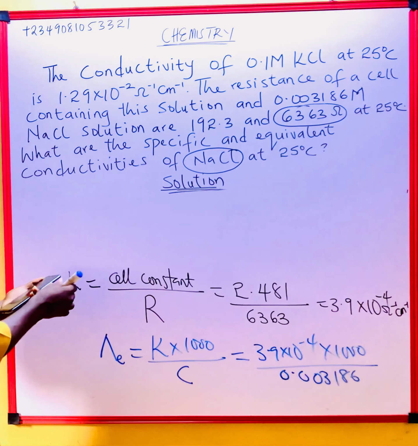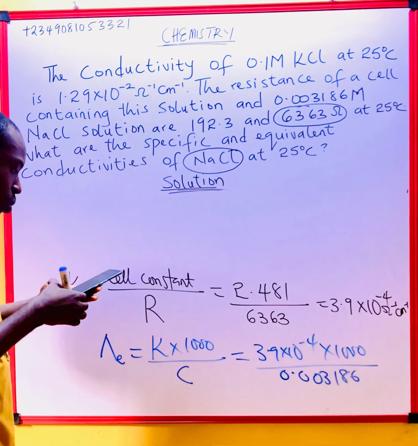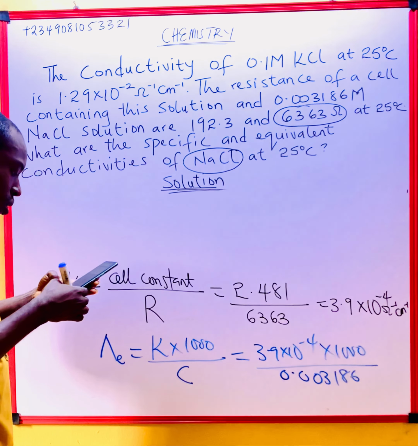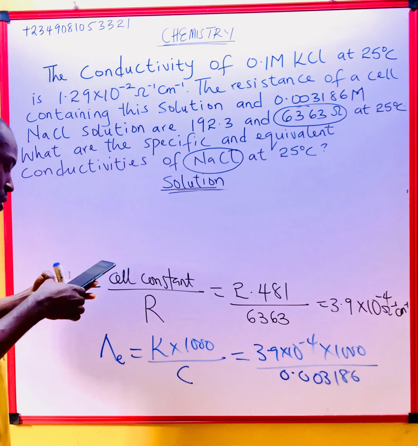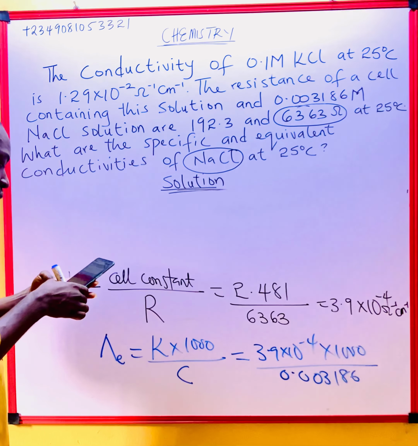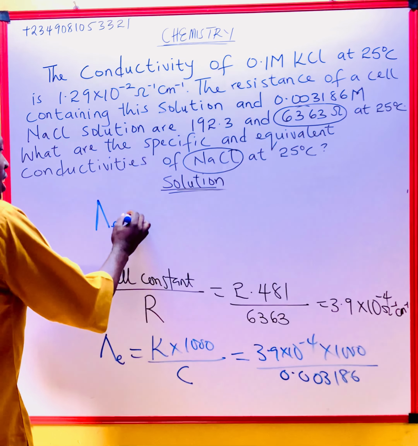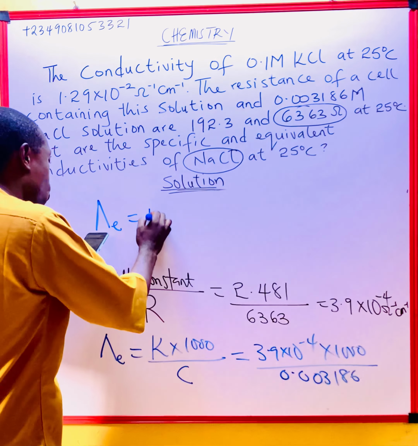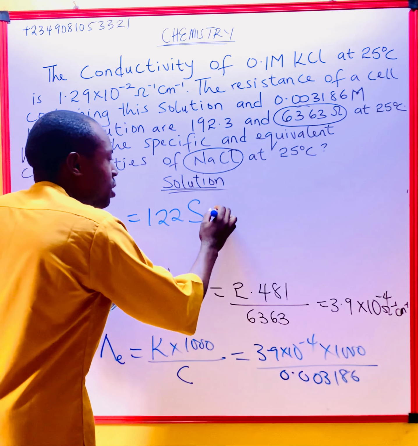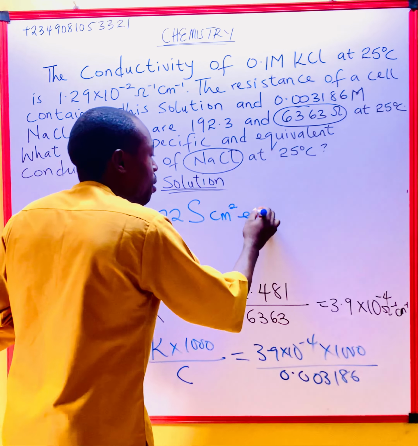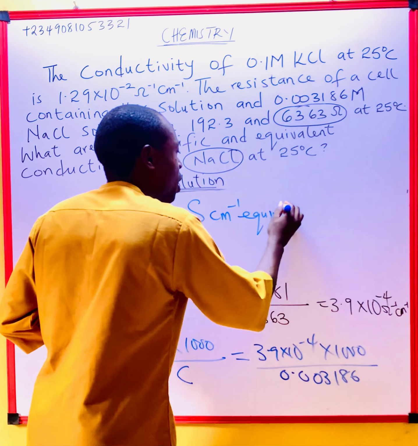Very simple. So I will have to erase this one here to create space. So we have 3.9 times 10 to the minus 4 times 1000 divided by 0.003186. So the final answer to the equivalent conductivity is 122 Siemens centimeter square per equivalent.